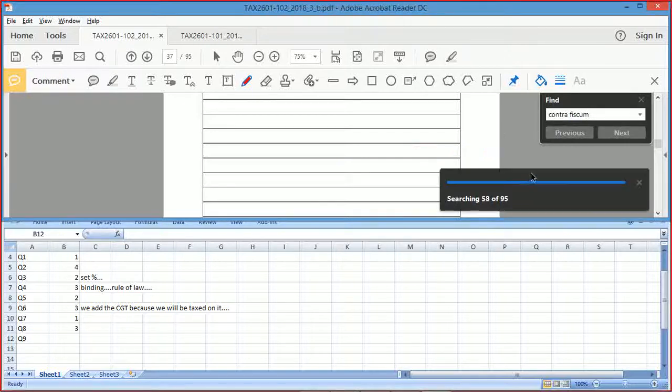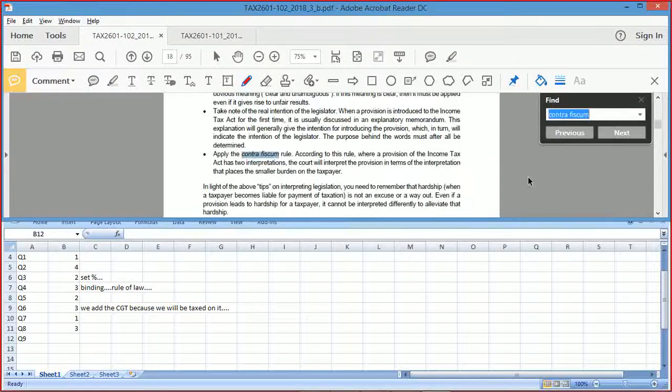Okay, there it is in the tax study guide: apply the contra fiscum rule. According to this rule, where a provision of the Income Tax Act has 2 interpretations, the court will interpret the provision in terms of the interpretation that places the smaller burden on the taxpayer.